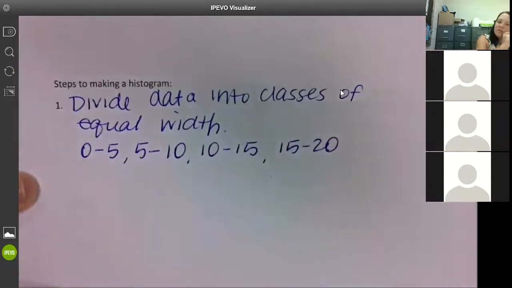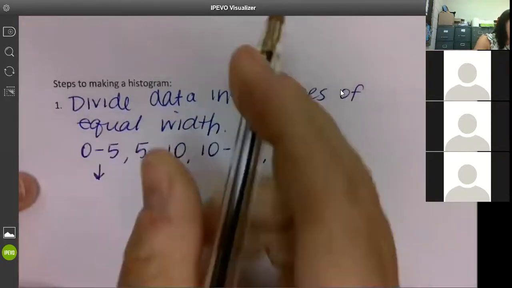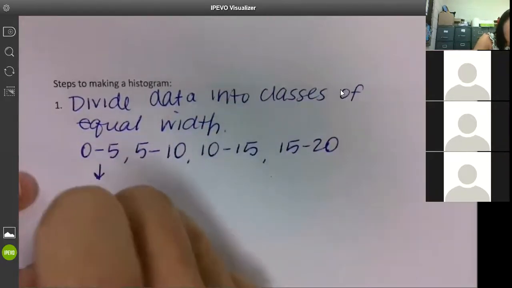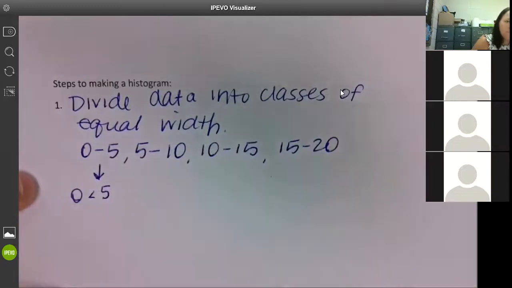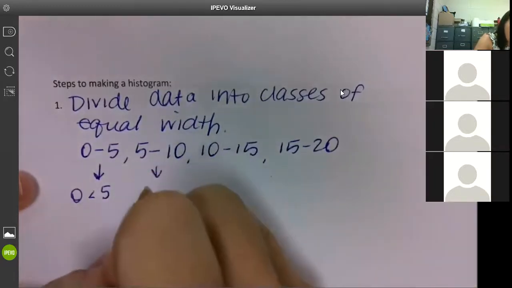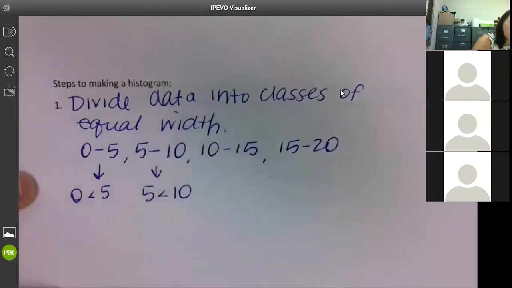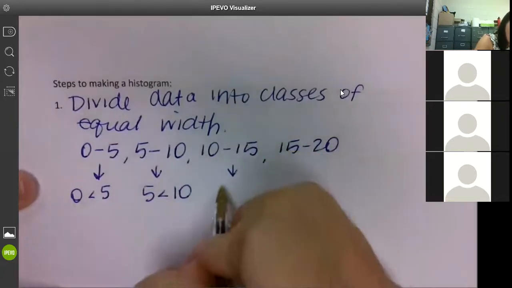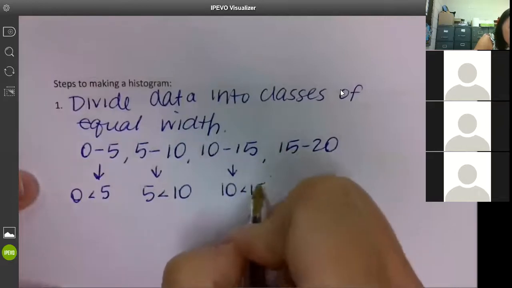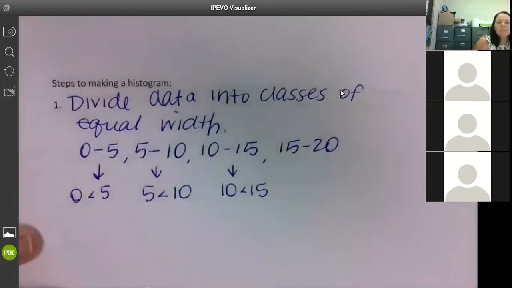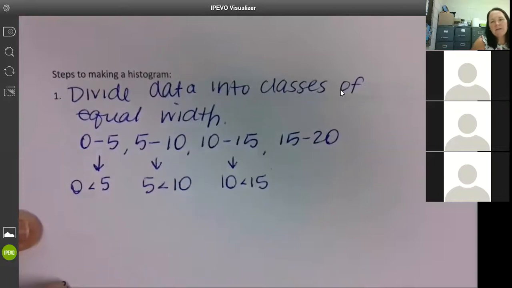But realize this is what happens: your calculator shows it to you, so if you forget, your calculator shows it to you. This category is actually 0 to less than 5. This category would be 5 to less than 10. This category would be 10 to less than 15, so that includes all those decimals up to 15.